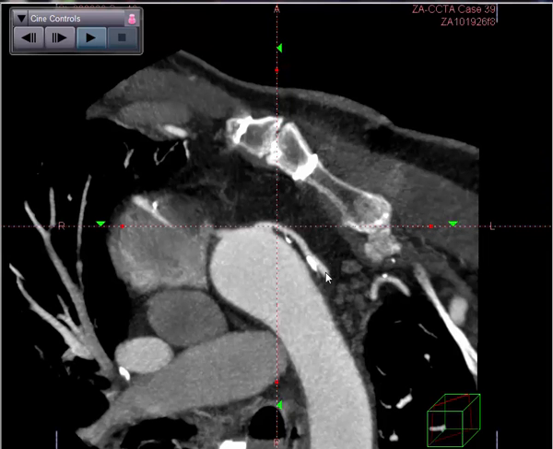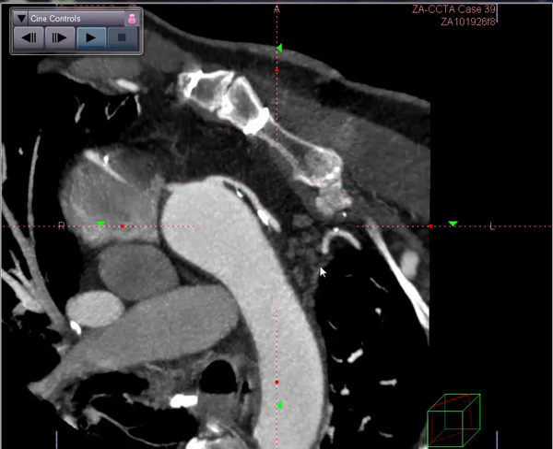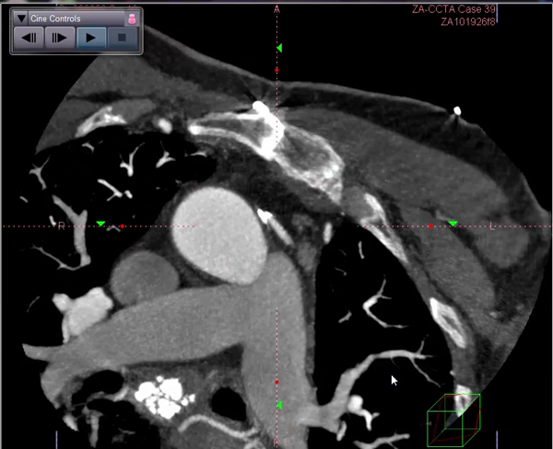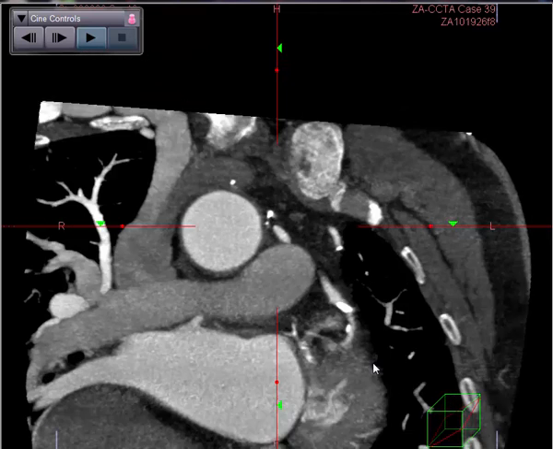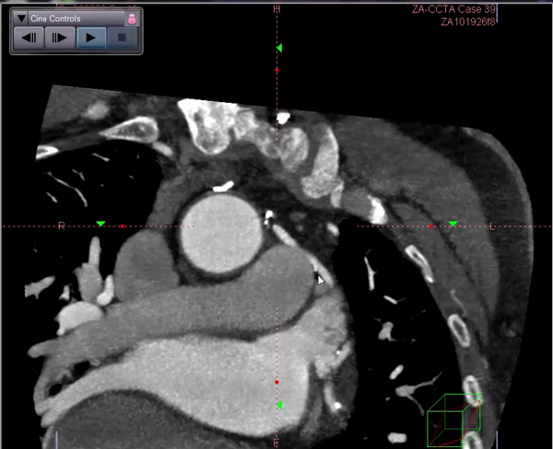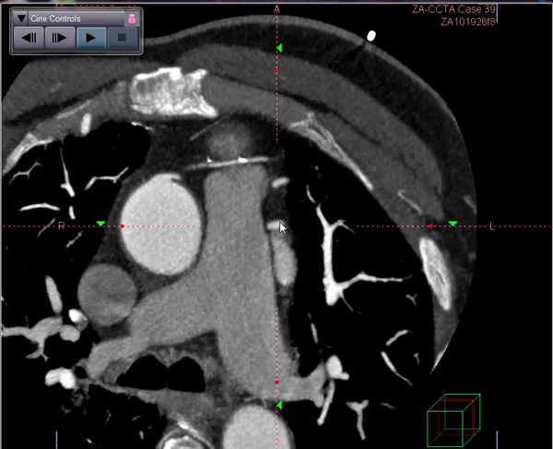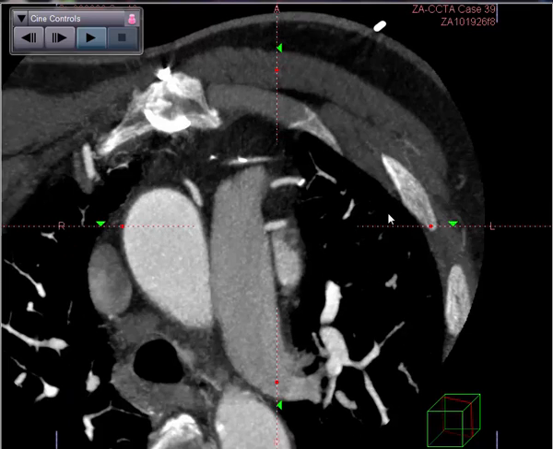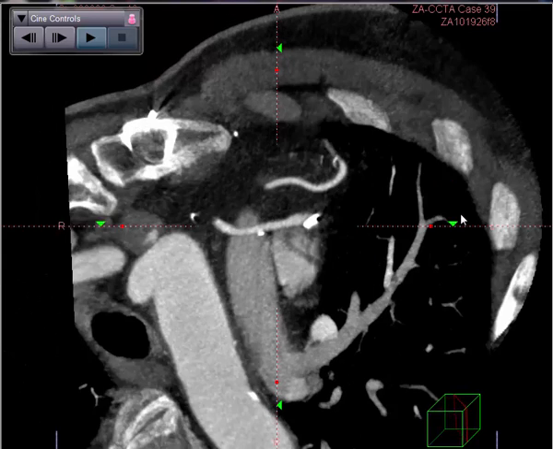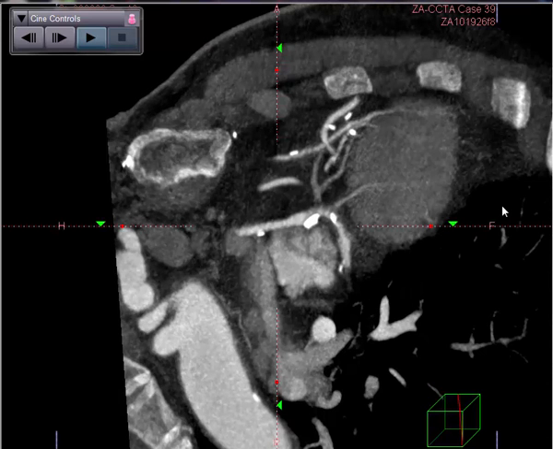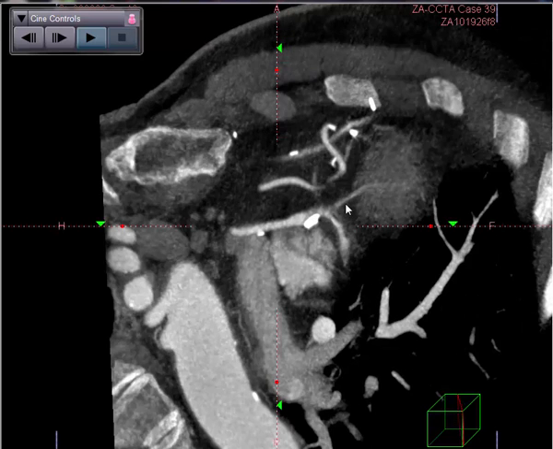So let's follow this saphenous vein graft. Appears to be coming down. Switch to a foot view here to get a better idea of where it's coming. It appears to be going over to probably a diagonal vessel and then proceeding down into probably the distal portion of that diagonal.